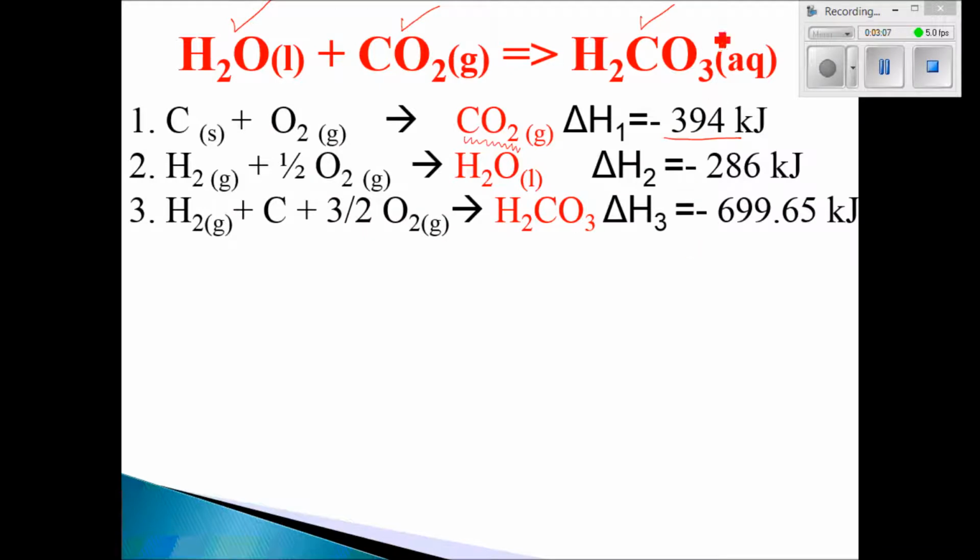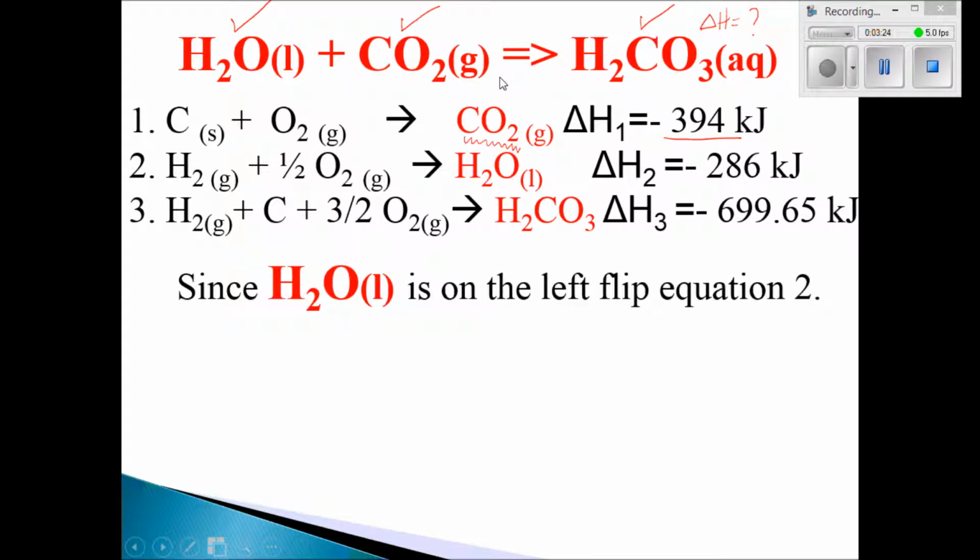We want to find the enthalpy for this reaction at the top. To do that, we're going to rearrange these three equations just like we did Hess's law the long way. So right now we're doing Hess's law the long way. We want to flip equation number 2, so H2O is on the left side, a reactant.